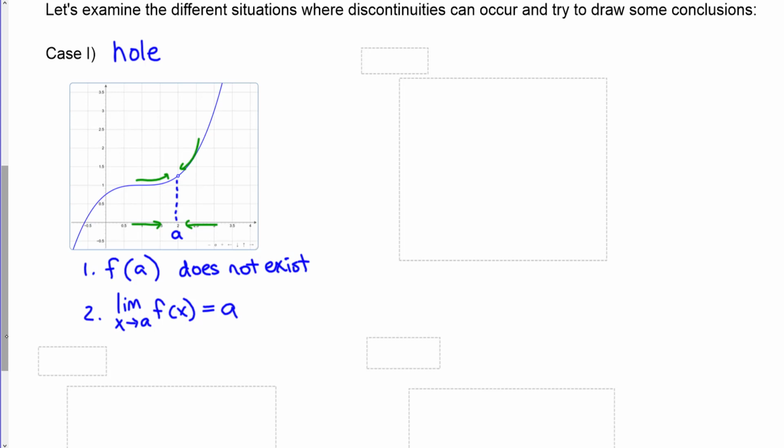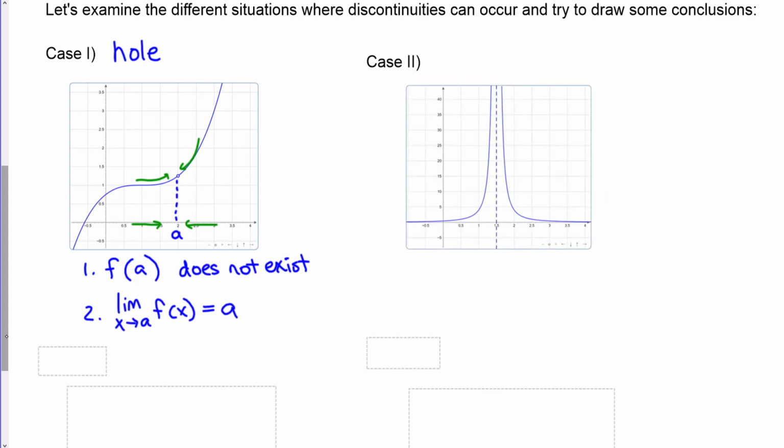The problem, though, is one of these two values did not exist. So let's look at other situations. The next case that we'll discuss is an asymptote. We can call it an asymptote, but sometimes we talk about holes versus poles. But it is an asymptote.